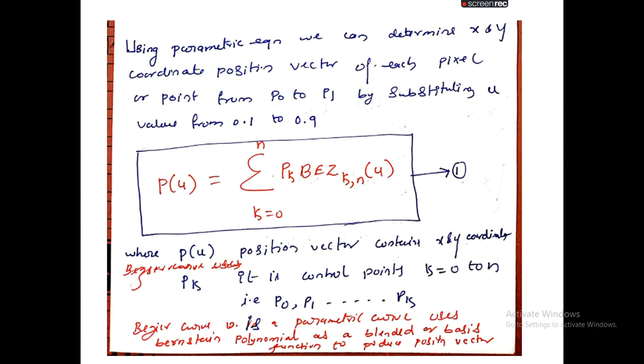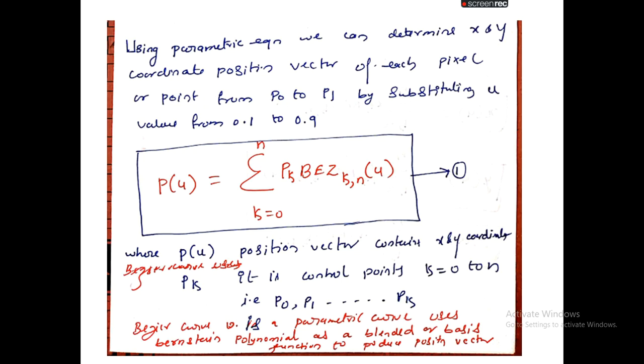You substitute k value 0 to n, so it is nothing but we are specifying P naught to P n minus 1 control points. As I said in the previous slide, you can create a curve of different shape by specifying different types of control points.